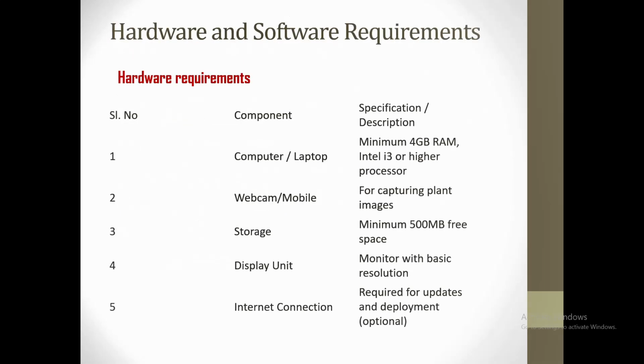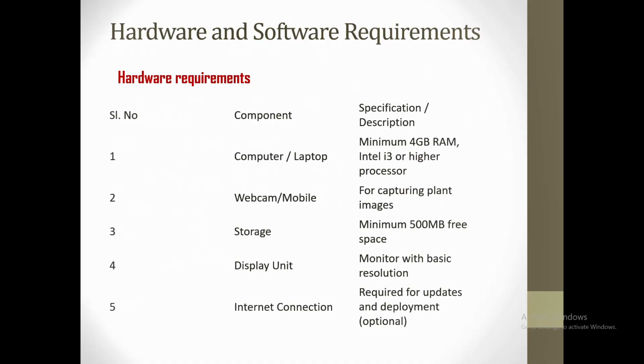So coming to the hardware requirements, to develop this project we need a personal computer, the least requirement being an i3 processor. Minimum 4 GB is required, but high memory is expected. We have collected all the dataset from Kaggle, so we need not use a webcam here.